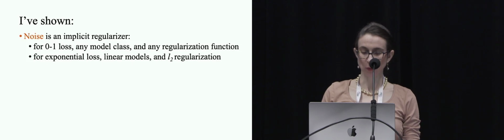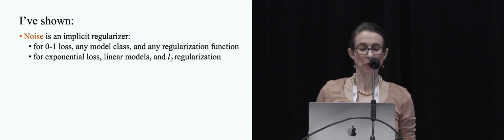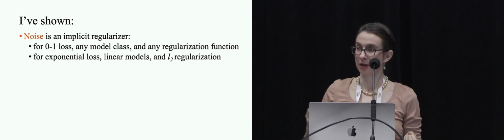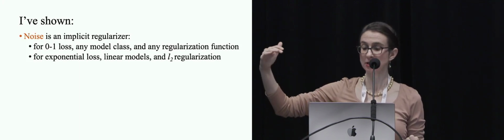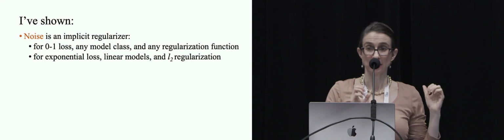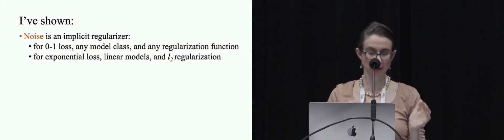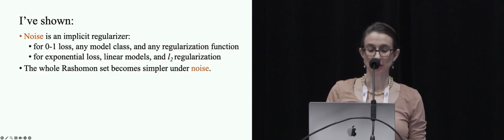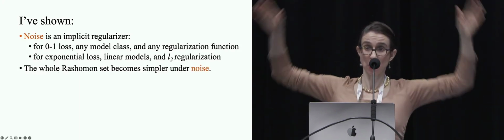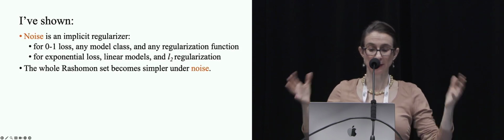All right, so I've shown that noise is an implicit regularizer. I've shown it for 0-1 loss, for any model class, for any regularization function. I've also shown it for the case of exponential loss with linear models and L2 regularization. I've also shown that the whole Rashomon set, so all of the near-optimal models, become simpler.